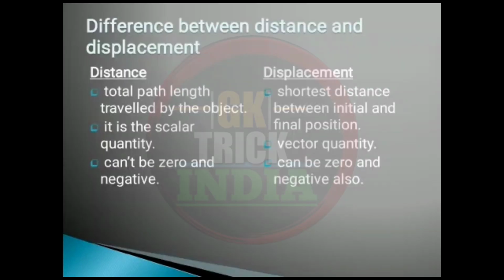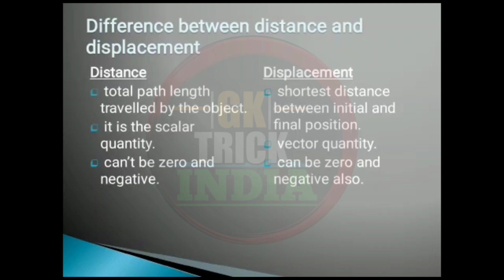To summarize the discussion we have done, we have to understand the difference between the distance and displacement. As we have seen, the distance determines the total path length covered by the object, while displacement determines the shortest distance between the initial position and final position.